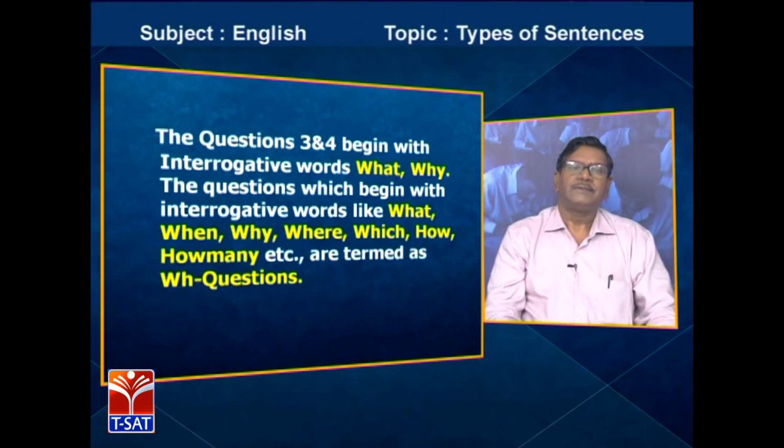And now, look at the third and fourth sentences there. What, why, like that. And there may be several other question words like what, when, where, which, how many, like that. So, sentences which begin with helping verbs and questions that begin with question words.